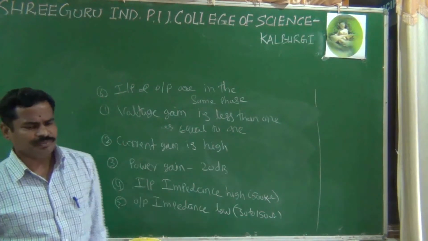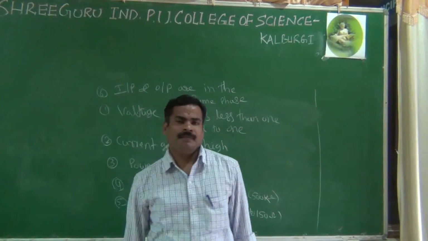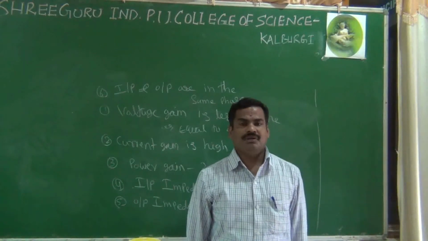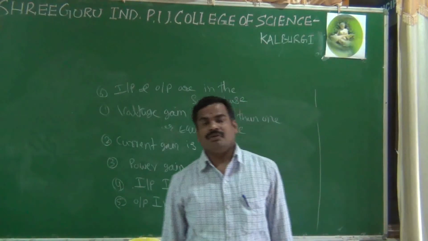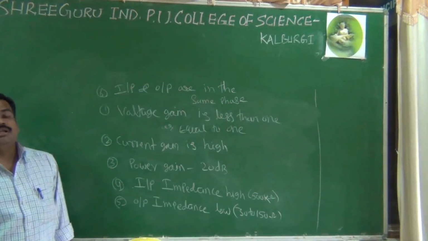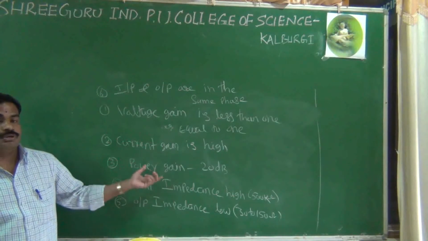And you may ask the question, yesterday I said that in your common base amplifier the input current is very less, but here current is very more, because we measure the output across the emitter.